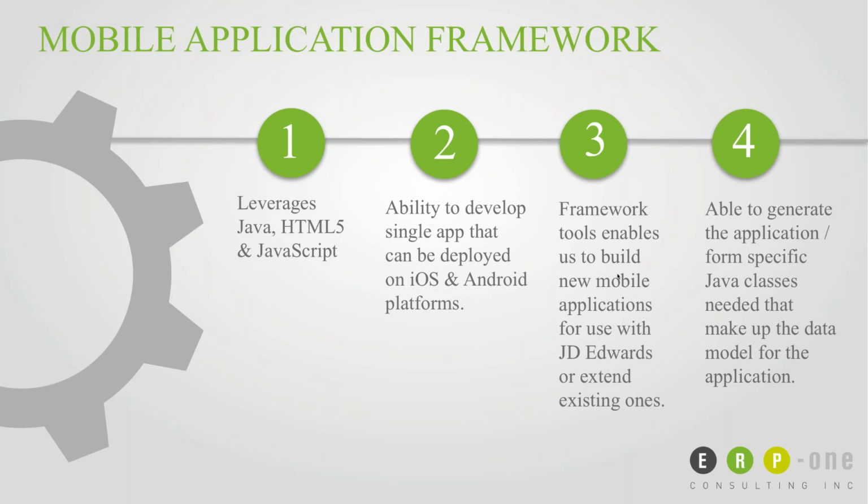So from Oracle, they offer something for building mobile applications for mobile devices called the Mobile Application Framework, or MAF. It leverages Java, HTML5, and JavaScript, and it gives you the ability to build apps that you can put on a phone that can be compiled and deployed out to an iOS device or an Android device without having to write native code for either one.